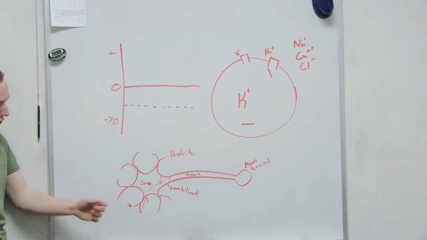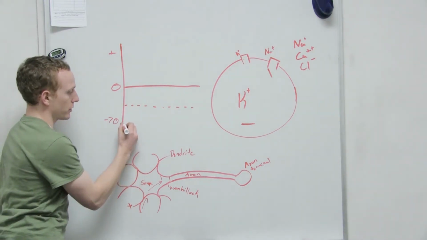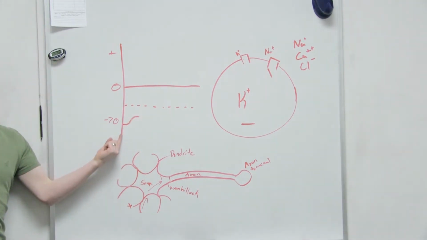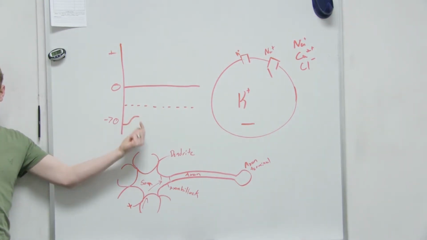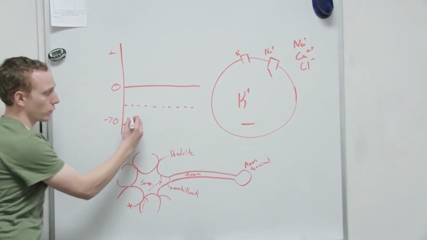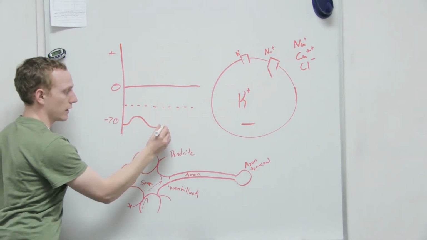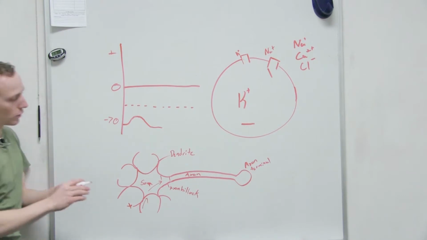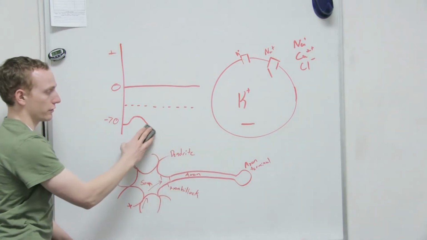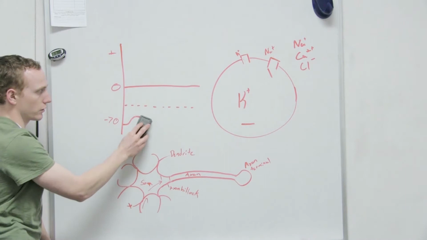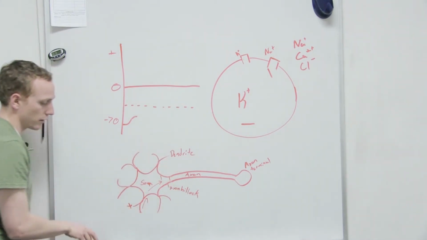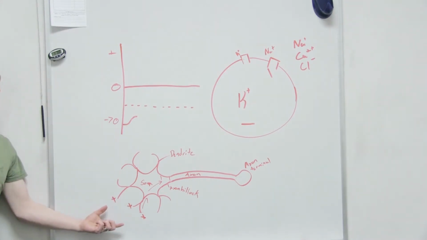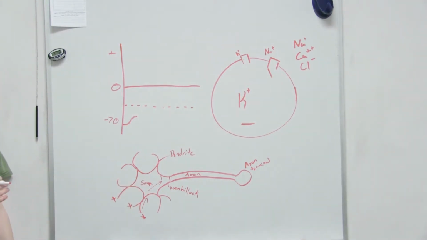So say we've got this one positive charge. It comes, and this charge isn't great enough, it's not high enough to hit threshold. So it's just going to go back down, no signal is sent. It wasn't a strong enough stimulus to get a signal. But let's say we've got three different things traveling down the cell.